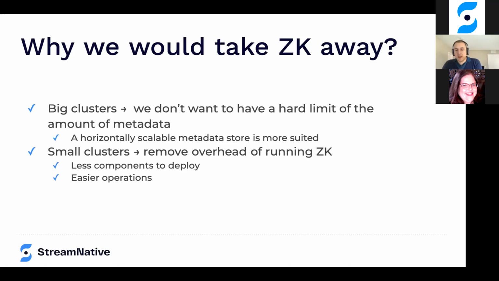On the other side, if you have a small cluster, let's say 3 nodes, you probably don't want the overhead of running Zookeeper. You don't need 3 more VMs or 3 more containers to run Zookeeper, and to deploy that and operate it and understand Zookeeper. So there are different reasons for different points of view here.